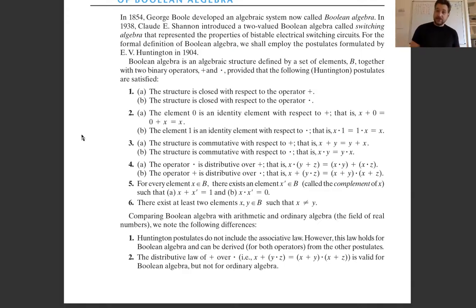The element 0 exists, the element 1 exists such that these things are true. Both operators obey the commutative property. If we switch the order, they get the same answer. Both operators are distributable over the other one. And that's a difference from normal numeric algebra.